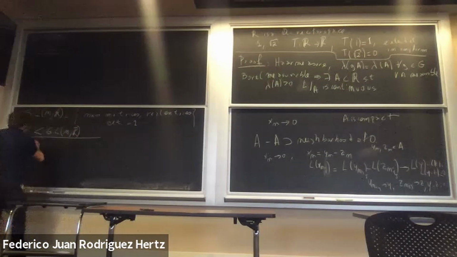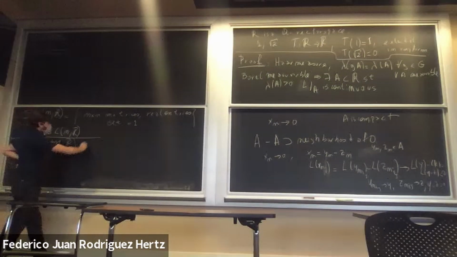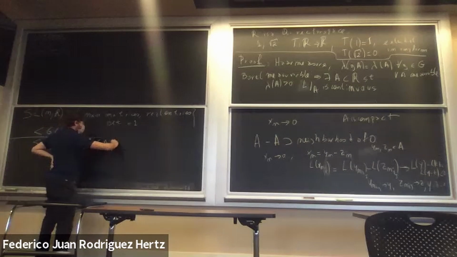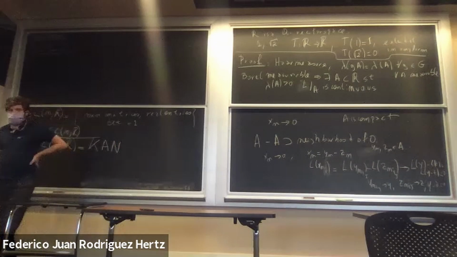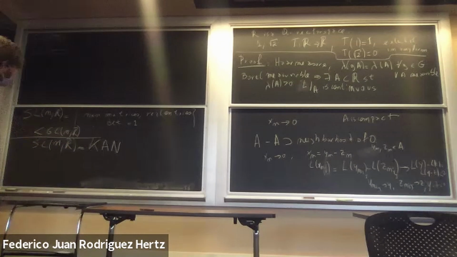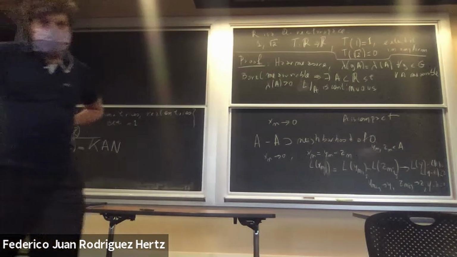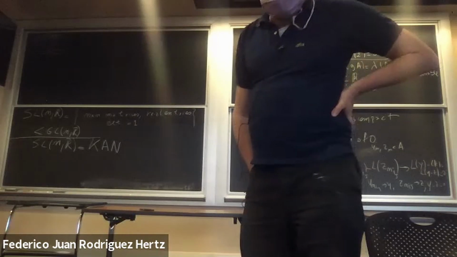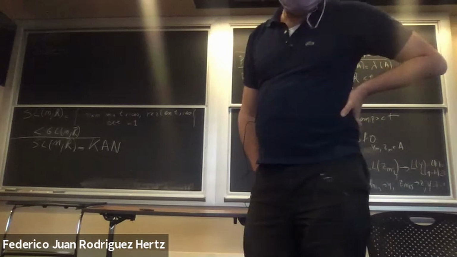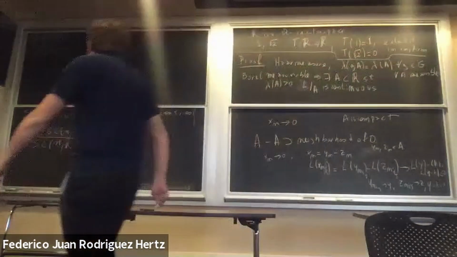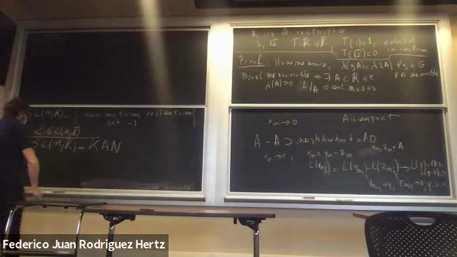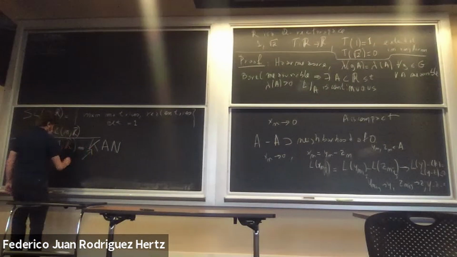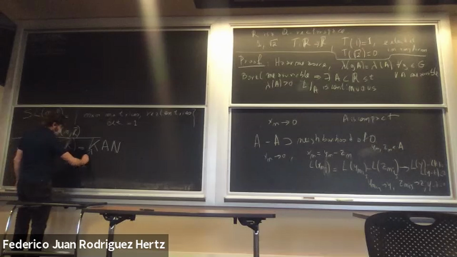So SL(n,R), as any simple group, and even semi-simple, has this KAN decomposition. That's also known as the Iwasawa decomposition, if I'm not mistaken, and it's nothing but the Gram-Schmidt orthogonalization method. So K stands for SO(n,R).